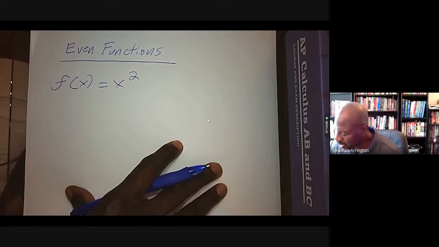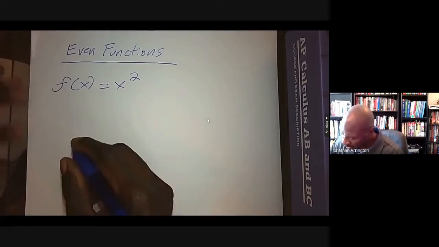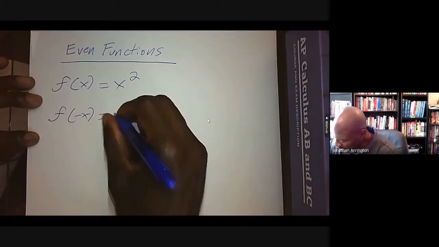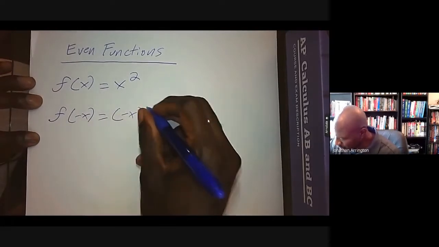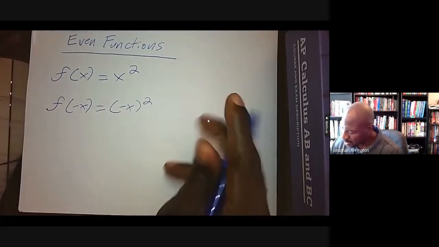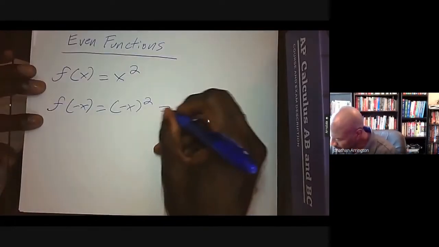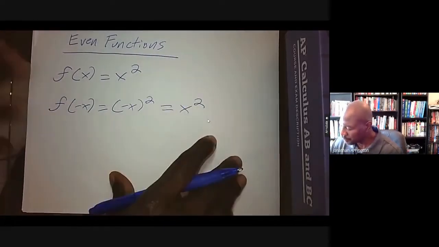Again, the algebraic definition is that f of negative x equals f of x. So if I plug in negative x for x, I should get the same thing. If I test it, f of negative x is negative x squared, so that's negative x times negative x, which would simply be x squared.